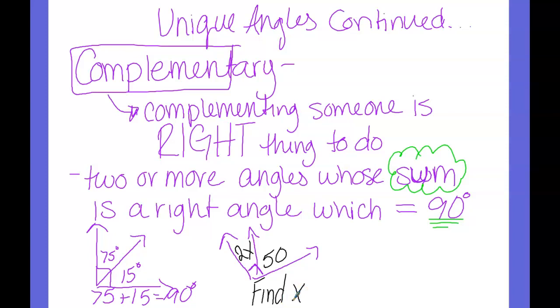So what do we know? Those two angles equal 90. What's the measure of the left angle? 2x. And then the other angle is 50, and we said sum means addition. So to solve for x, what would I do first?